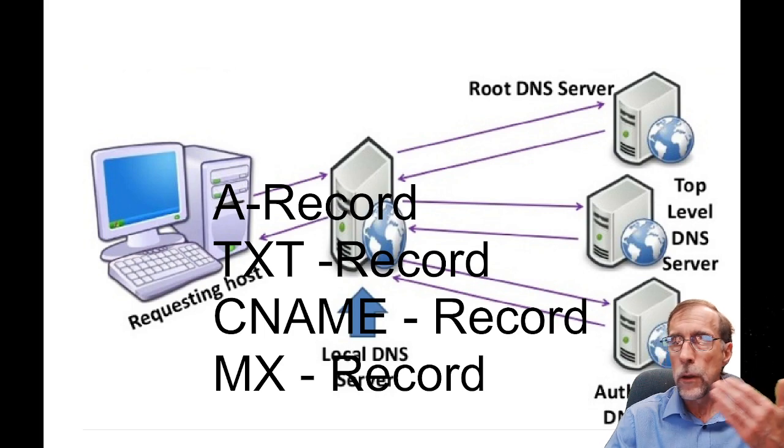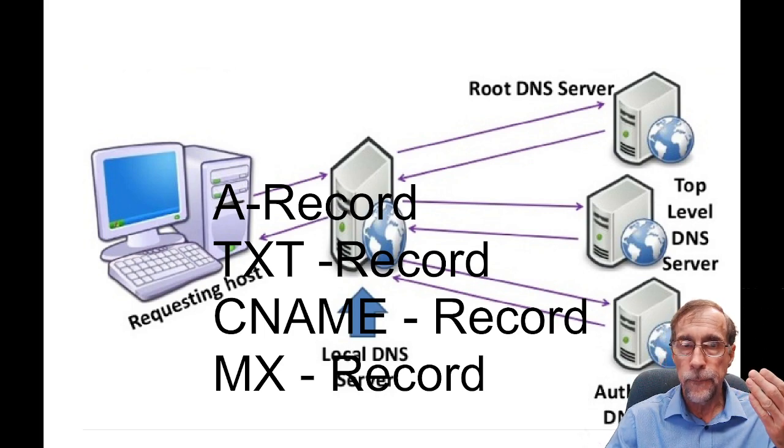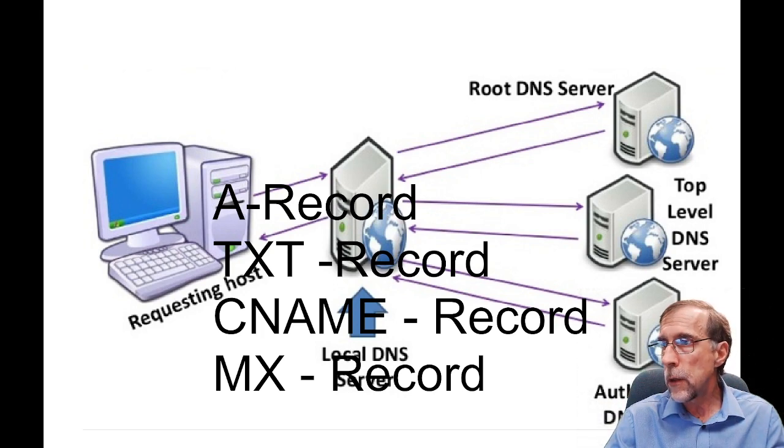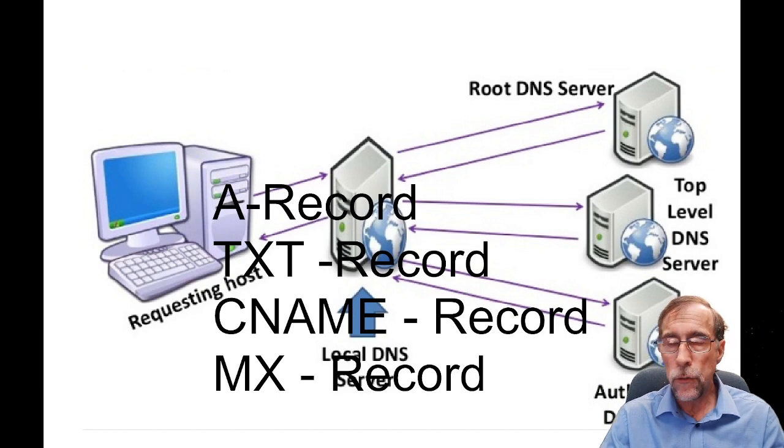A CNAME record links a name to another name. And then MX records are the mail records. But whenever you set up your website, the most important would be that A record.